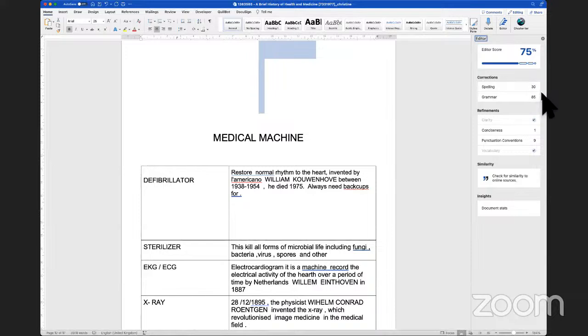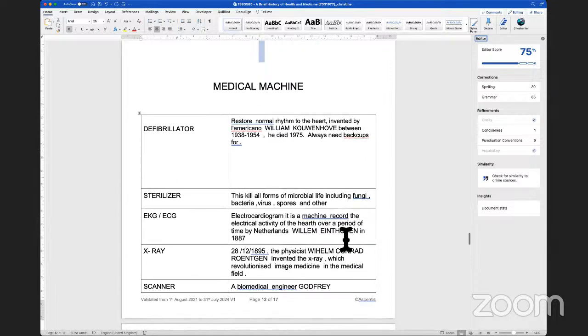As you can see, there are 30 spelling mistakes, 85 grammar mistakes. There are punctuation conventions. And this is not acceptable at the university level. The reason why it is acceptable now, and I can give you some guidance on it, is because you're doing level 3. And this is where it's a part of your study skills to be able to do this.